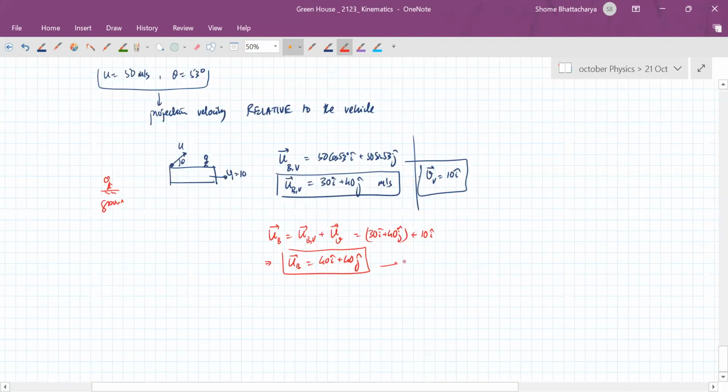So with respect to the ground frame, the projection velocity of the ball is 40 root 2, and theta with respect to the ground is 45 degrees. So you can see that ux is 40, uy is 40. So time of flight is 2 uy by g. So that is 8 seconds, provided I take g as 10 meters per second square.